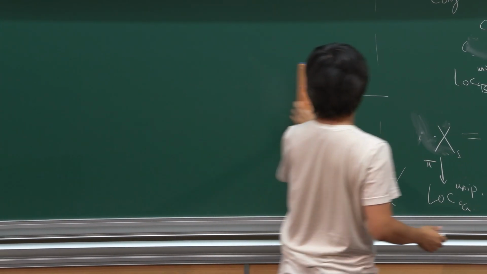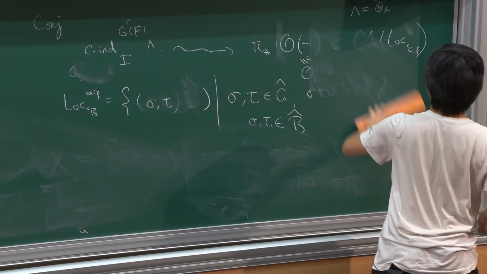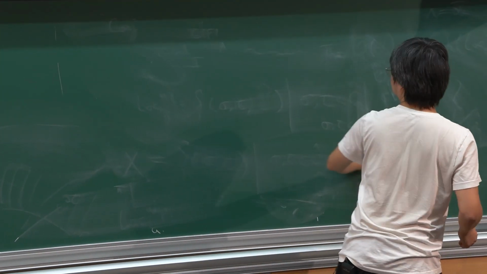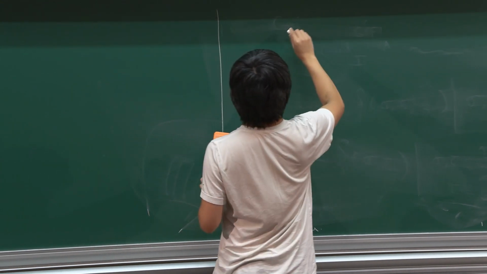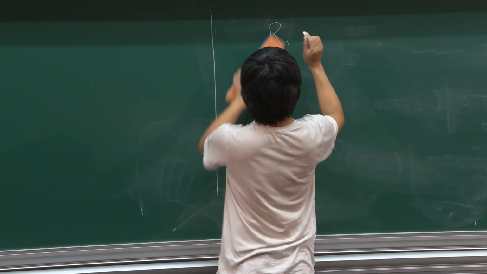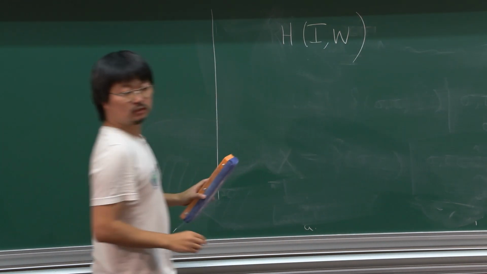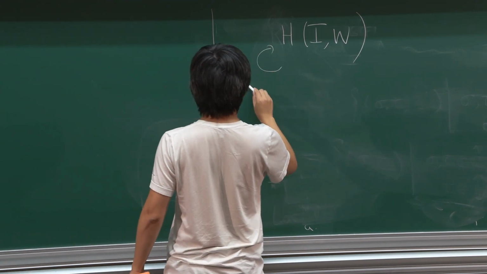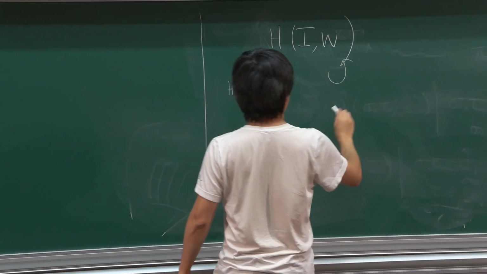Then globally, I want to see the cohomology H^i_W as a representation. Then the conjecture is, you consider this H^i_W, because it has an action of the Hecke algebra and also an action of the Weil group.